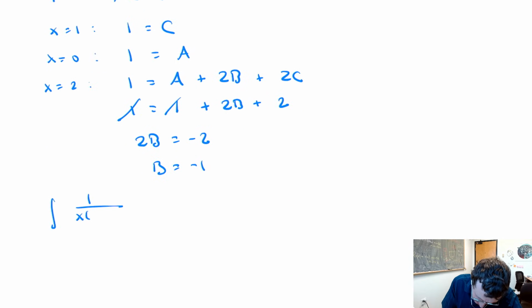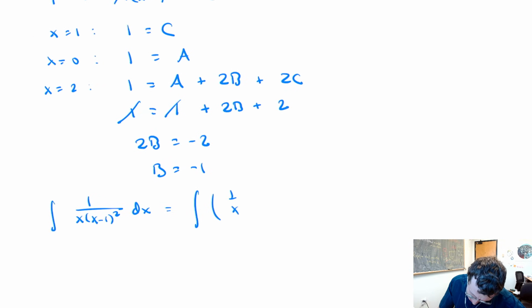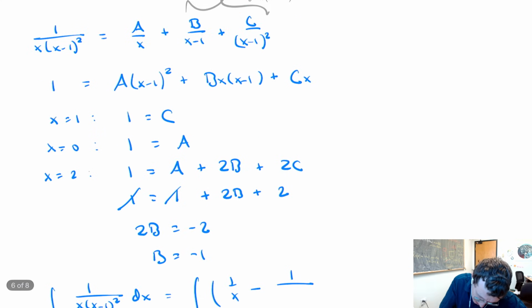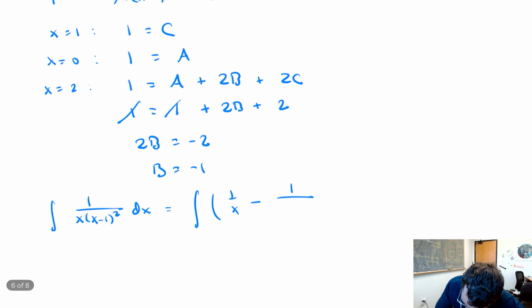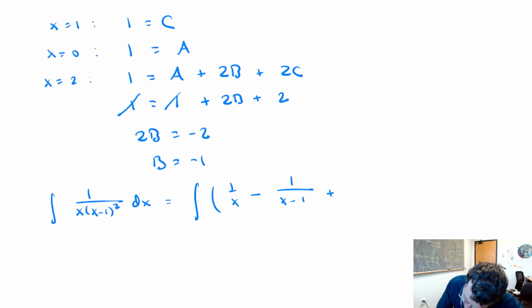So let's just do the integral. We are rewriting the integrand as a over x, meaning 1 over x, plus b, which was minus 1, over x minus 1, plus c over x minus 1 squared, and c was also 1.